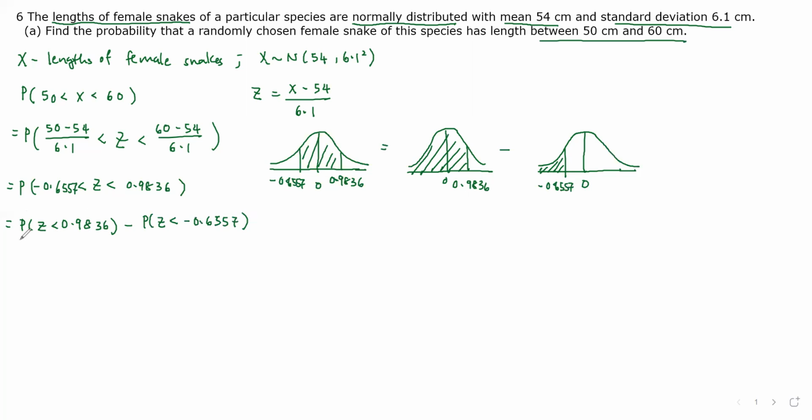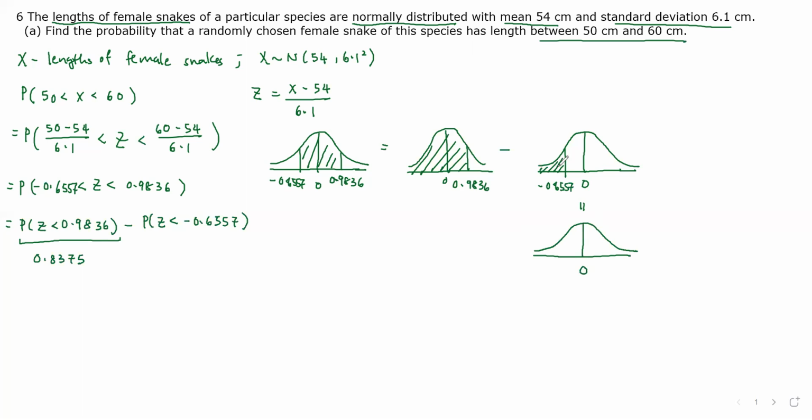The probability that Z is less than 0.9836 we can read directly from the table, and this has a value of 0.8375. For the probability that Z is less than negative 0.6557, we need to use the fact that the standard normal distribution is perfectly symmetrical about the mean.